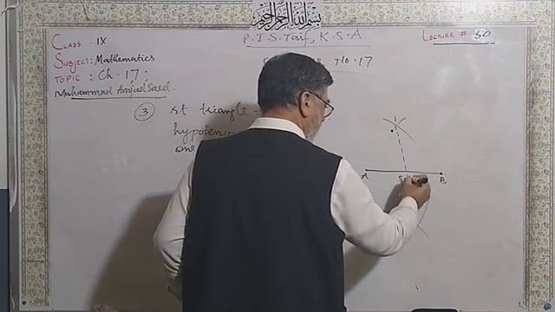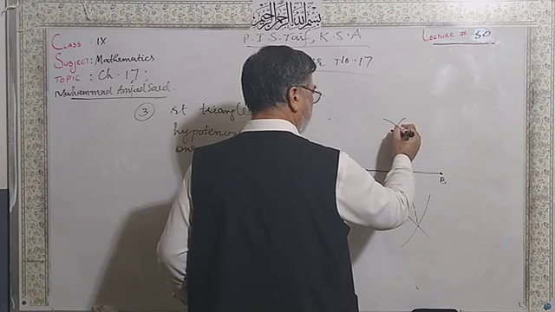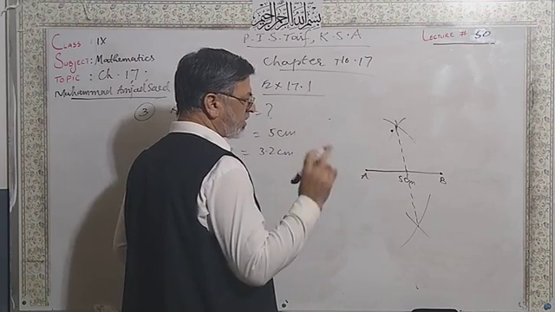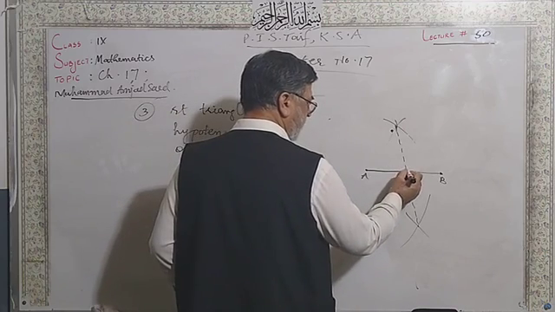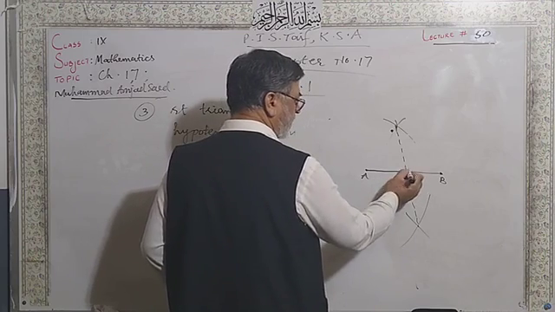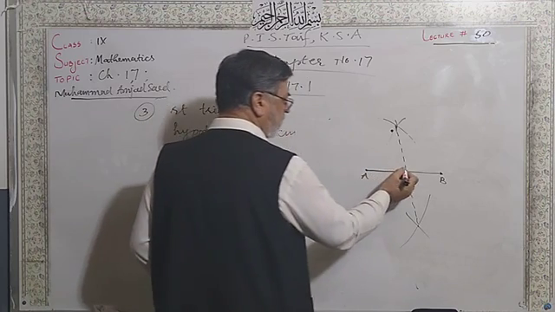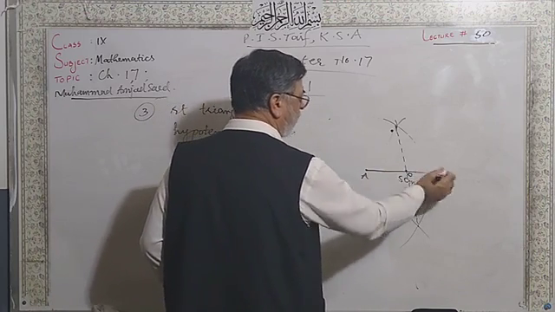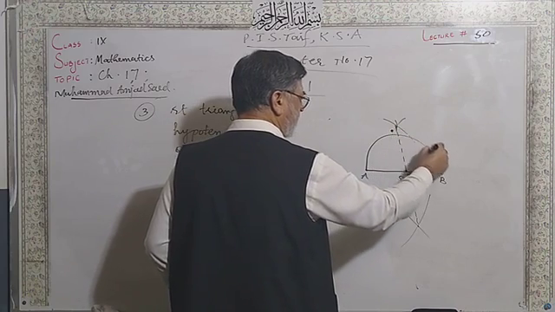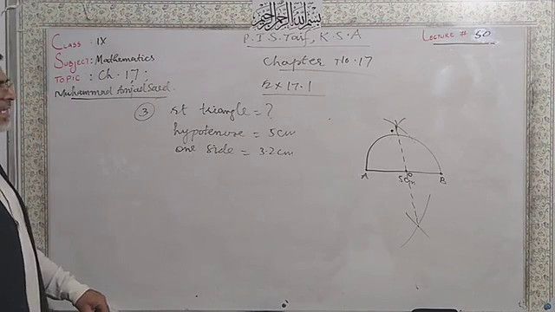So this will be the perpendicular bisector of your side AB. Dear students, this is the midpoint of AB. Suppose it is O. Take O as center, open the compass equal to OA or OB and draw a semicircle.